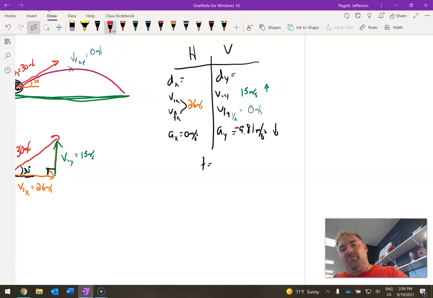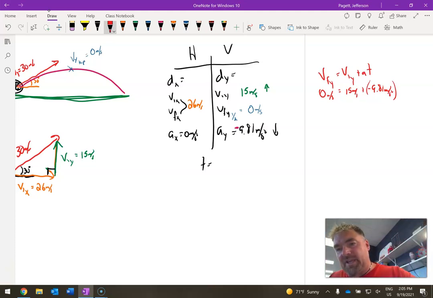So my VFY is equal to my VIY plus A times T. Because remember, I always want to solve for time first. You don't know time, solve for it first. So VFY is 0 meters per second. That's at the halfway point. VIY is 15 meters per second. Acceleration is a negative 9.81 meters per second squared. And I got to have the negative there.